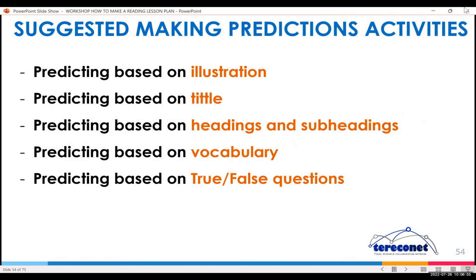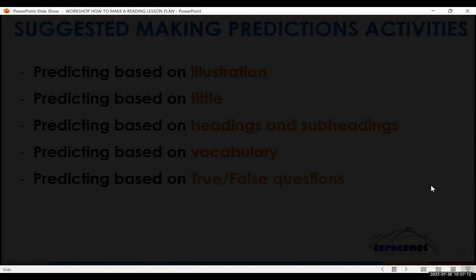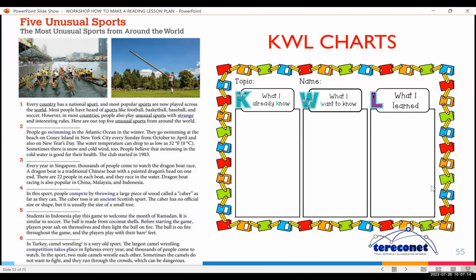Now for the prediction in the pre-reading stage, we can ask the students to predict based on the illustration, the title, the heading or subheading, the vocabulary, or even the true-false questions. One of the popular ways to ask your students to prepare for the reading passage is filling in the KWL chart.